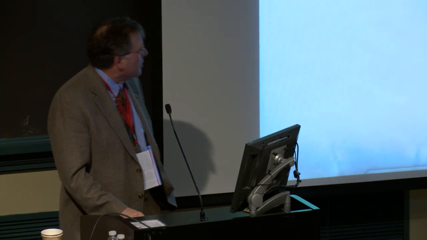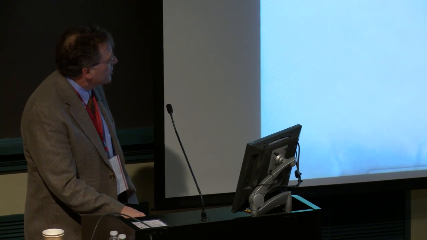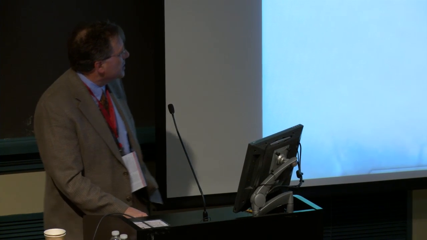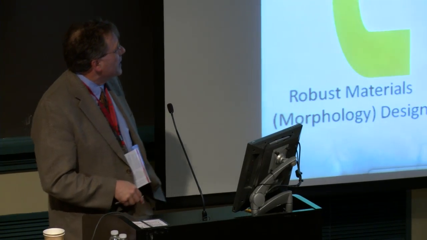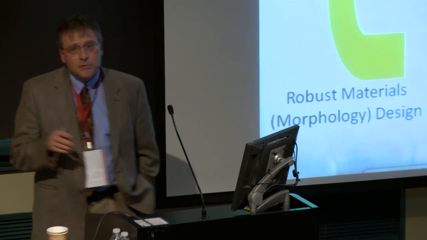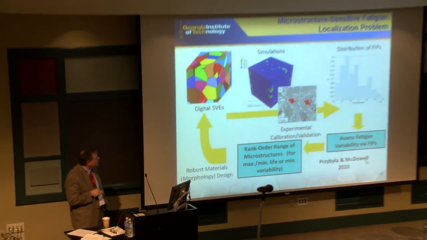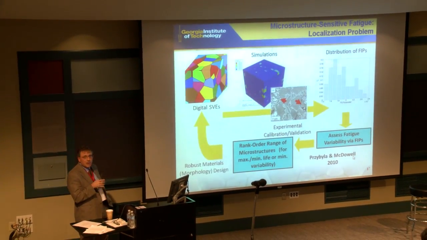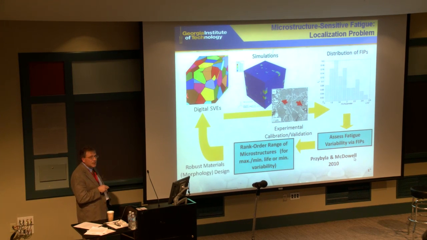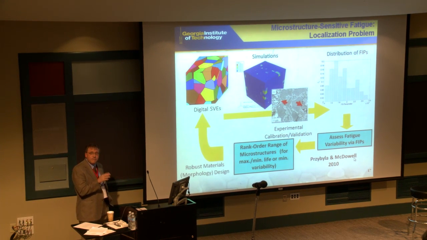I'll just make a few comments about a strategy we've developed within the CCMD where we compute on microstructures. This is just a toy microstructure here, but these microstructures for nickel-based superalloys and titanium alloys are constructed using simulated annealing to match grain and phase size and shape distributions, disorientation distributions, and orientation distributions.